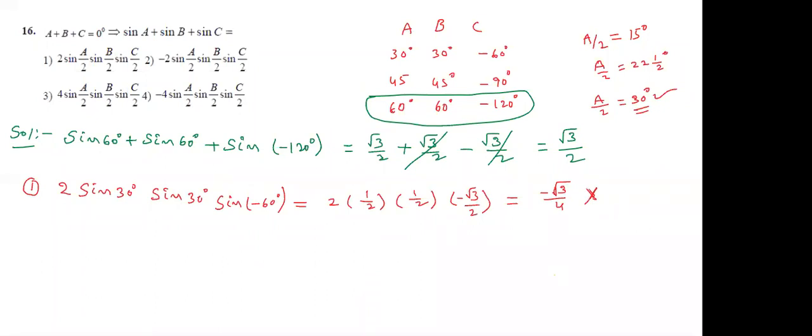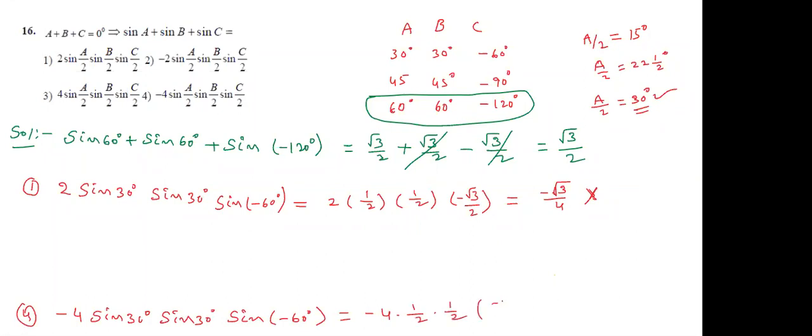So students, which option is correct? I am expecting that the fourth option is correct, because minus 4 sin 30, sin minus 60. So that means minus 4 into 1/2, 1/2, minus root 3 by 2, which gives plus root 3 by 2.